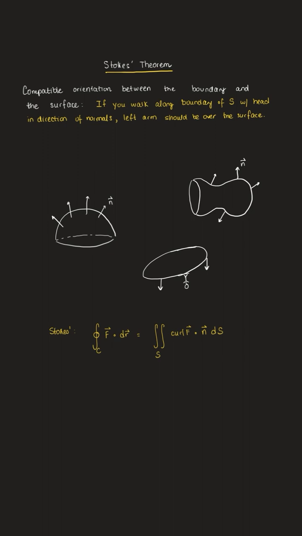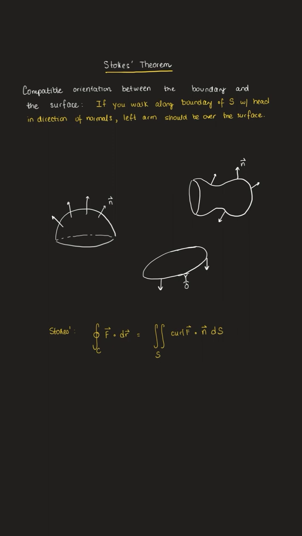So all of these have boundaries, and they're closed curves that enclose a region. And so we want to think about how we might orient our curve so that it's in a consistent orientation with the normals, because we want to measure curl in the same direction as we're measuring the circulation over the boundary.